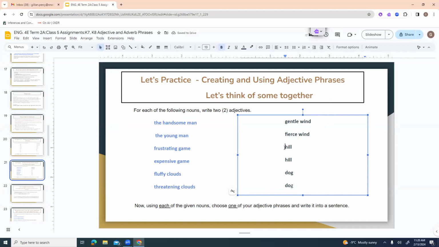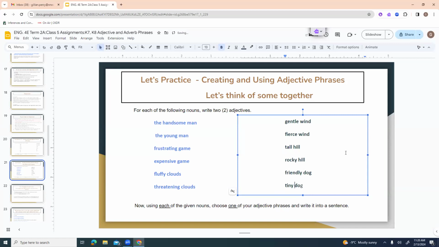Hill, it could be a tall hill versus maybe it's a rocky hill. Dog: friendly dog, or I could describe it as a tiny dog.